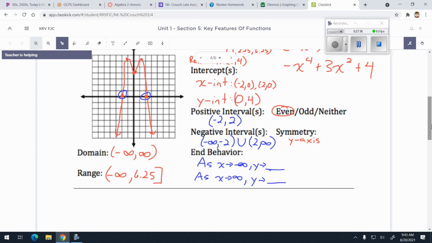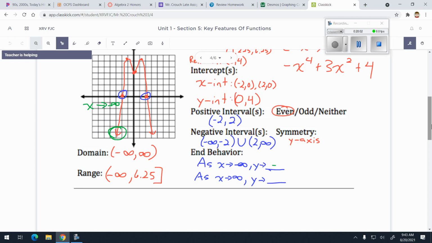So, when it says as x approaches negative infinity, what you're talking about on the graph, you're talking about this side. So this is x approaching negative infinity over here. Look at your leftmost point, which is this guy right here. What is it? It's an arrow. Which way is the arrow pointing? It's down. So where's your y going to?